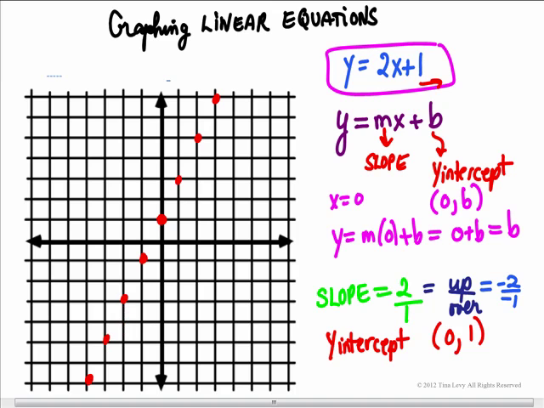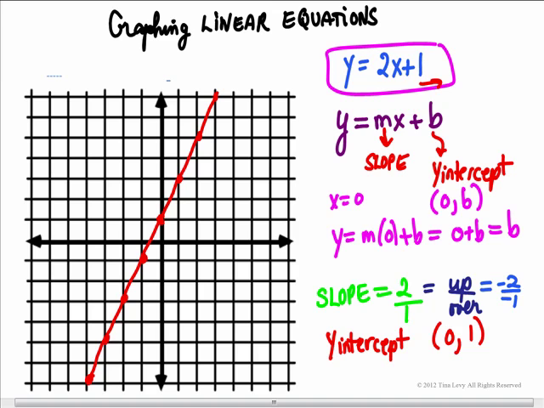And once I've done all those, then I'm going to connect the line. So all those ordered points will be connected with a line, and you'll see in a moment. So now I've put the line, and you see that it is the same as the one we got using the table of values.